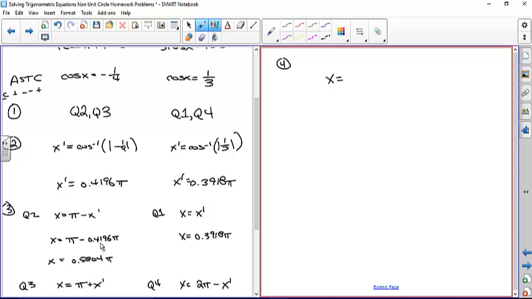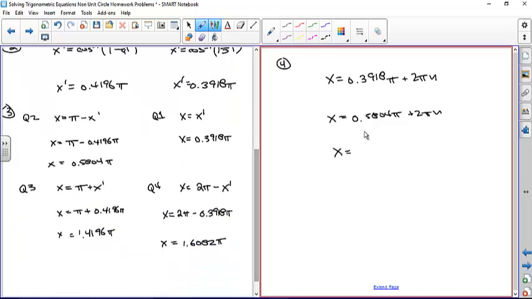So my first quadrant solution, let's start with that. That's 0.3918 pi plus 2 pi n. My second quadrant solution is this one over here. It's 0.5804 pi plus 2 pi n. My third quadrant solution is down here. So it's 1.4196 pi plus 2 pi n.